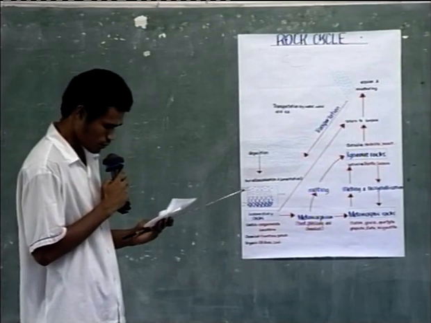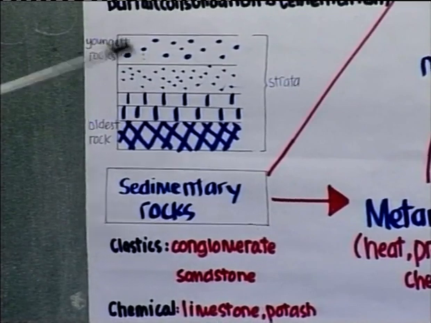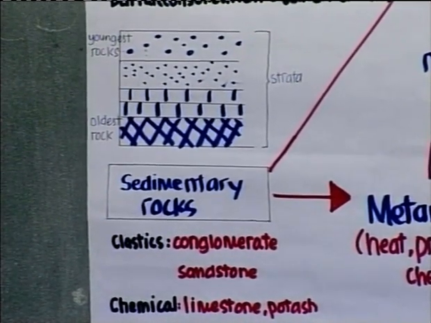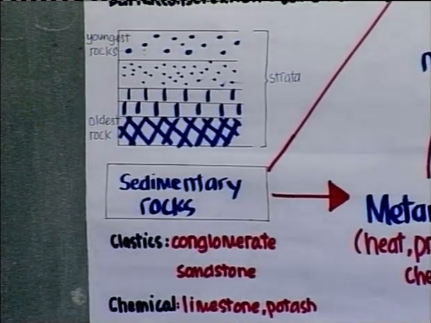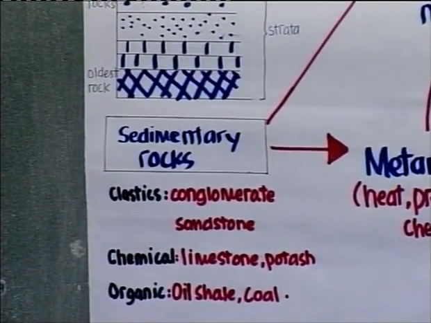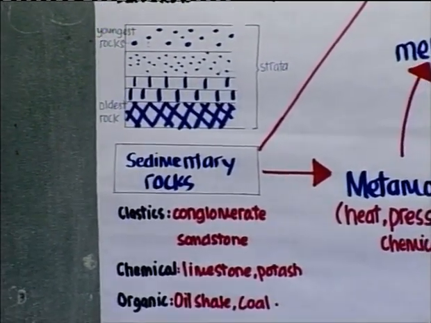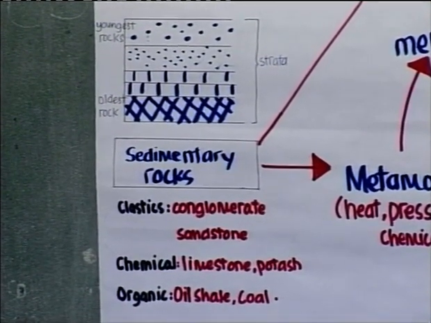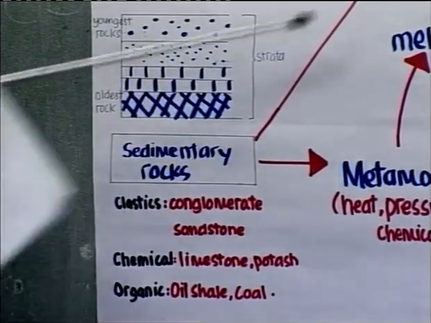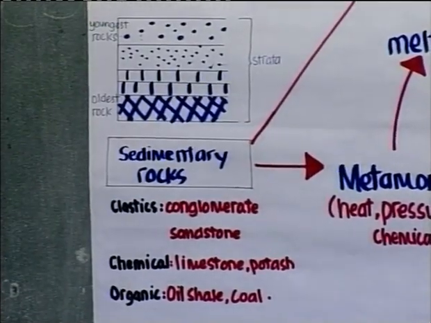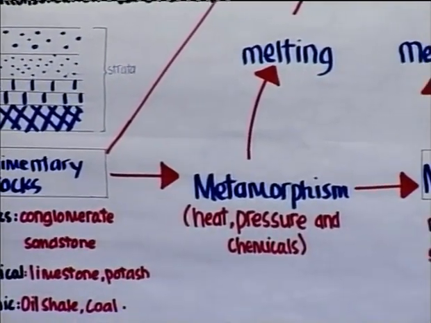The continuous deposition of rock particles is compacted and consolidated to form sedimentary rocks, which are usually deposited in layered sequence, the youngest rock on the top and the oldest rock on the bottom. The sedimentary rock can then be exposed back to the surface or can be metamorphosed by heat and pressure.